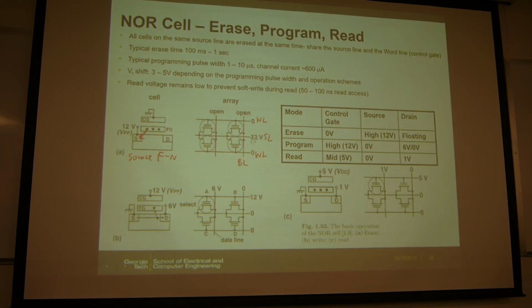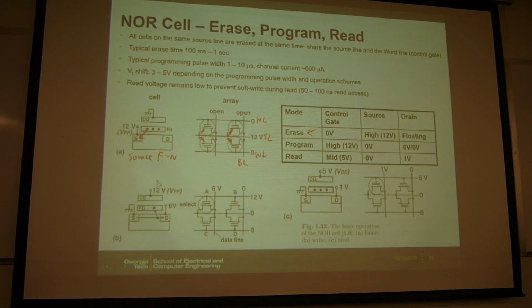So all the cells which share this source line will be erased, and for the bit line you can leave it open, meaning floating. So you will just have the FN tunneling happening here. So this is what you do for the erase, and the voltages you apply are in this table.